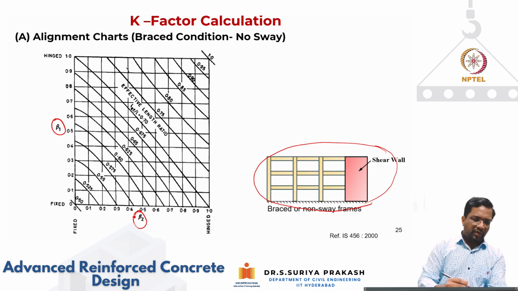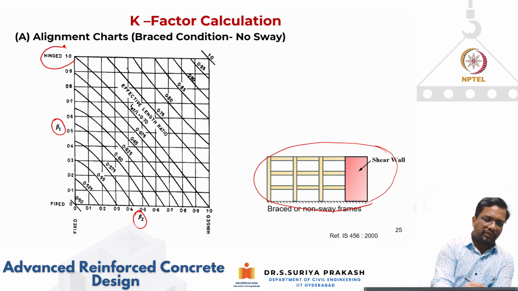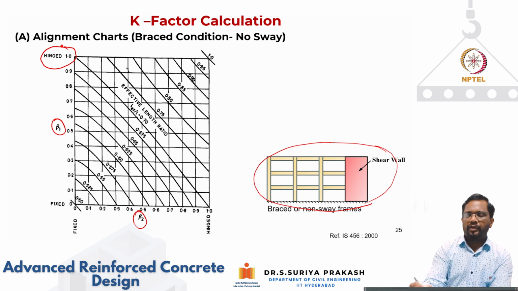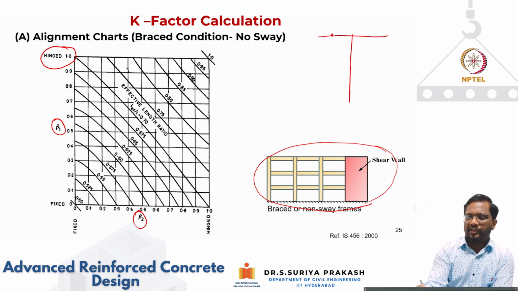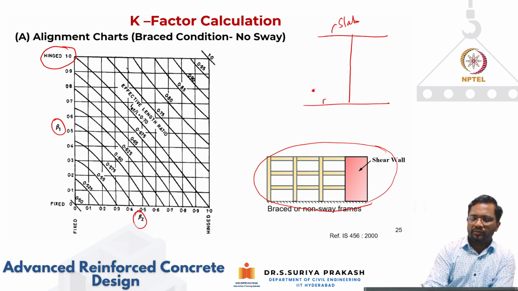Now, beta 1 can be hinged. So when can you have beta 1 hinged? Let's say I take this column and I have only a slab, no beams, like a flat slab condition. At the top, you will find that this will approach more or less a hinge condition.